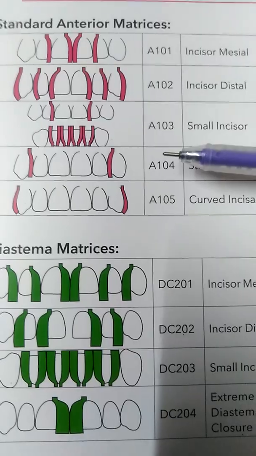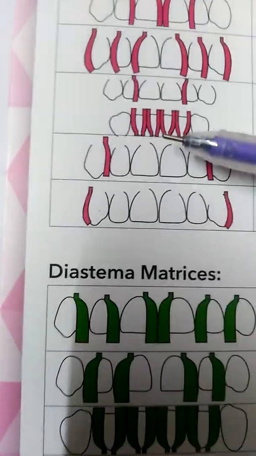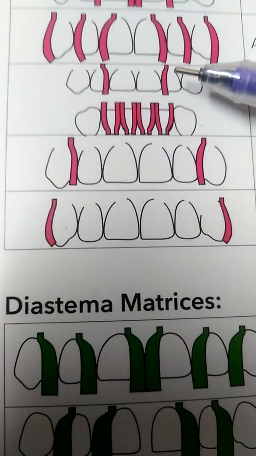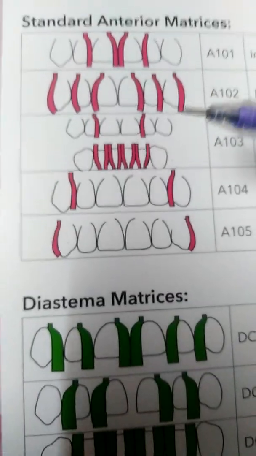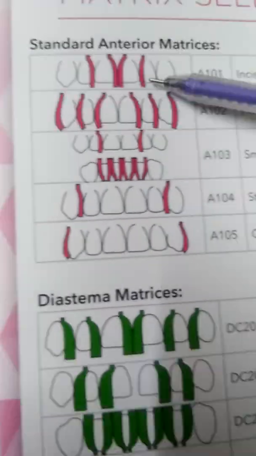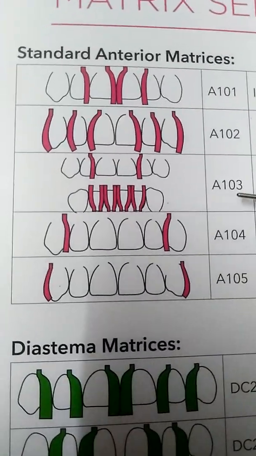A103 is for the smaller incisors, usually the lower anteriors. Sometimes the upper laterals also have slightly smaller incisors. In that situation, if you feel the height of 101 is more, then you can go with A103.